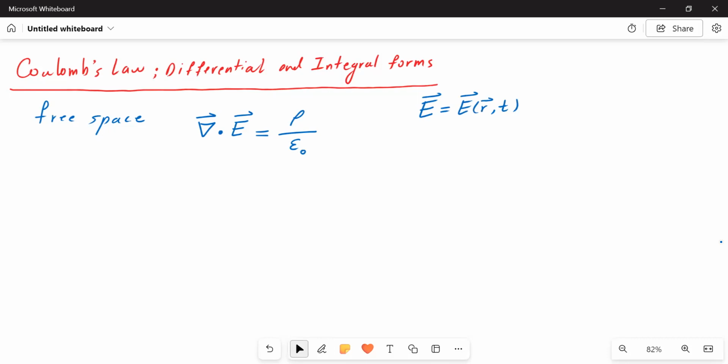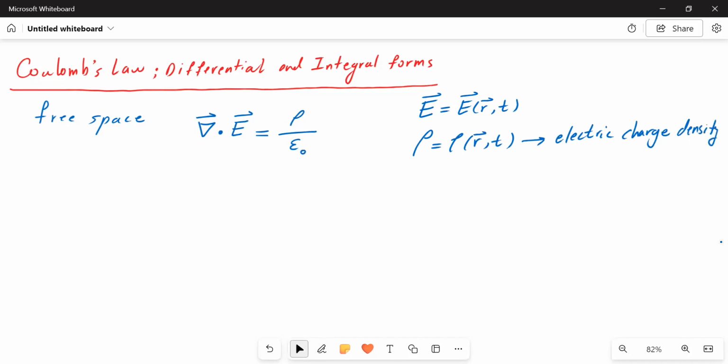So it's a field vector. It is generated in the static case by a charge density, which itself can be, in general, a function of space and time. So this is the electric charge density.